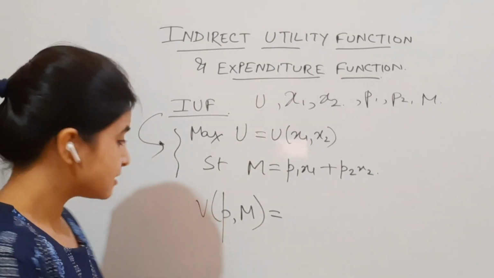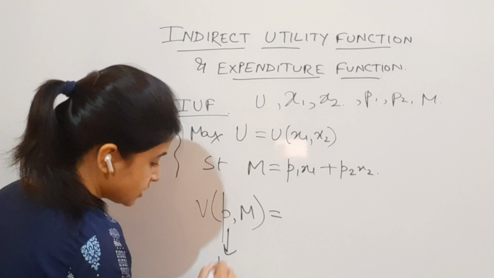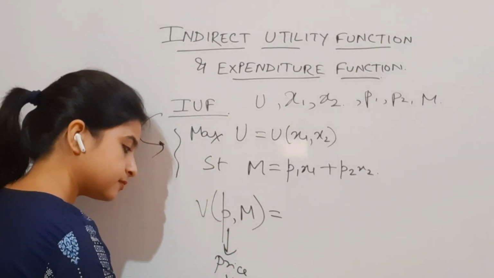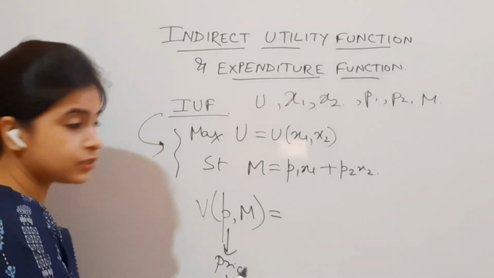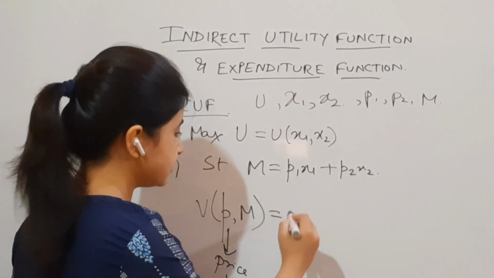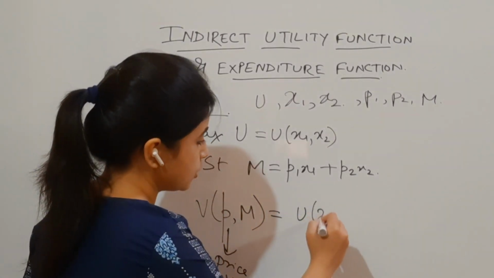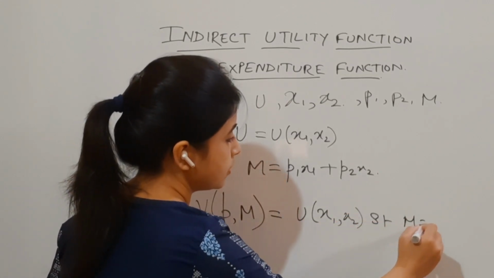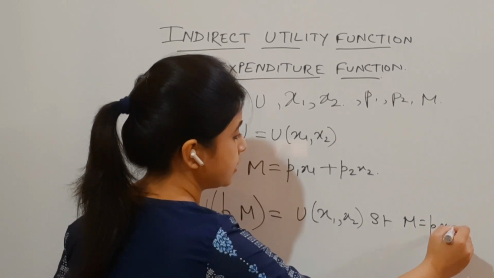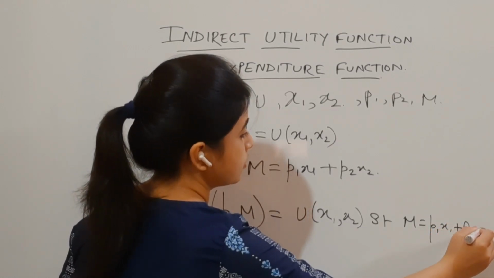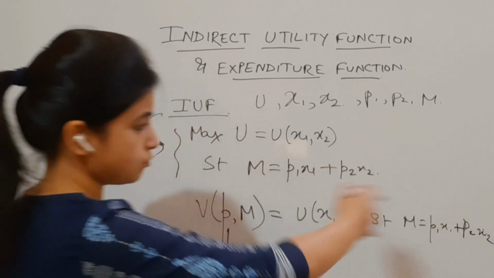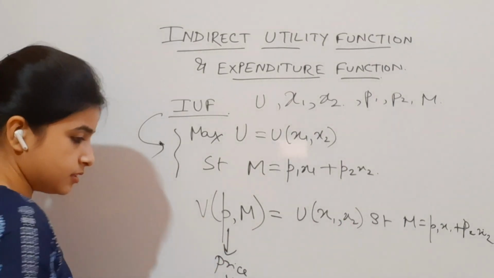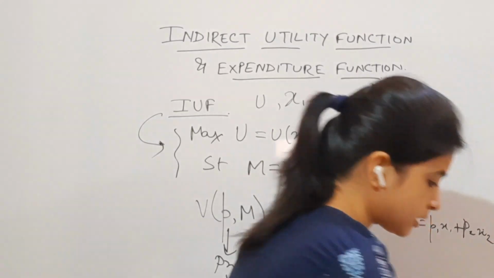The prices, of course this is the price vector, and this is the income of the individual. Here we have the maximum of u of x1, x2 subject to m equals p1 x1 plus p2 x2. Let me mark it out.